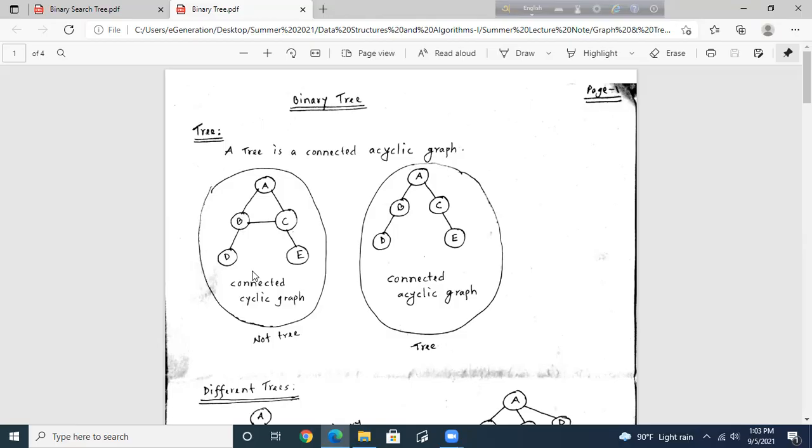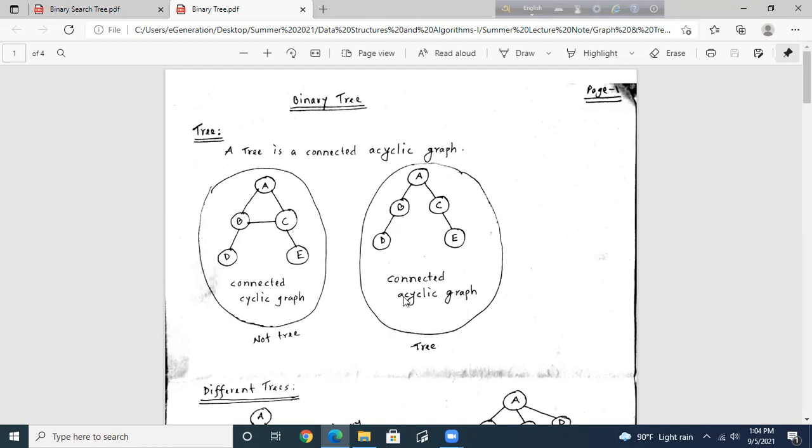Does this graph contain a cycle? It does contain a cycle because there is B, C. There is a cycle: A, B, C, then A. Since there is a cycle, this is a connected cyclic graph. Because of that, it is not a tree.